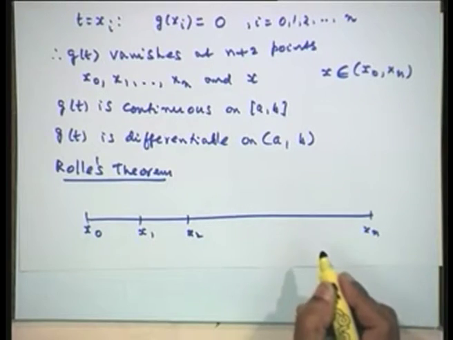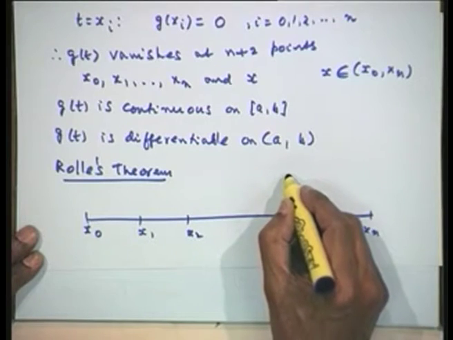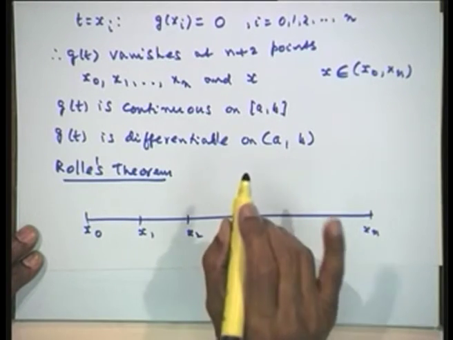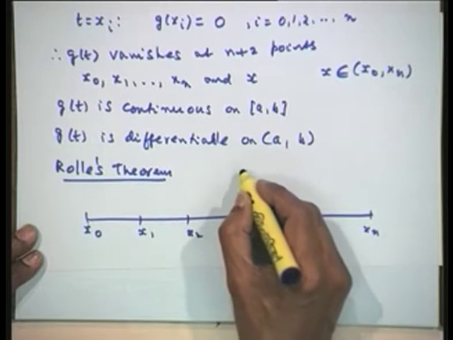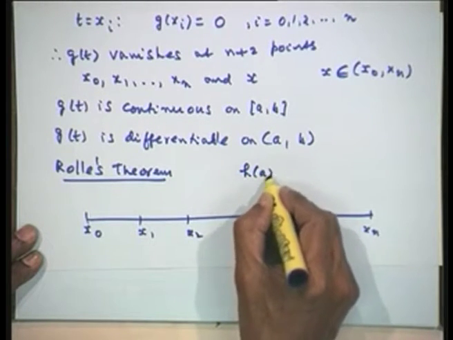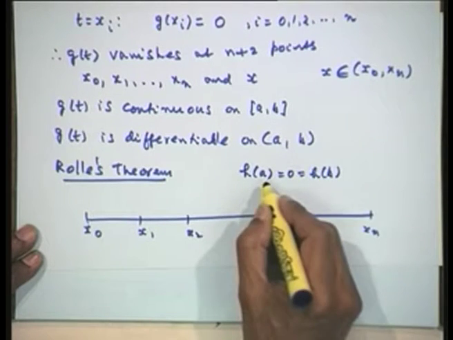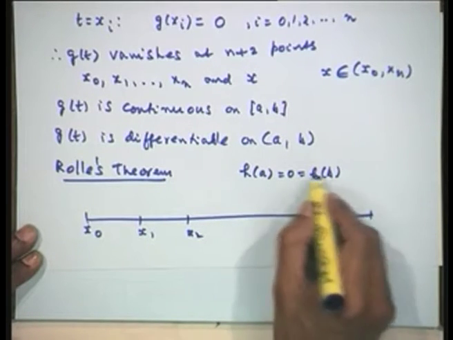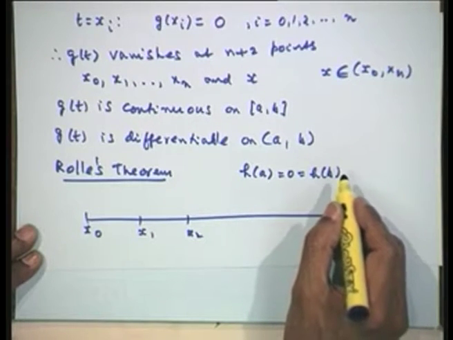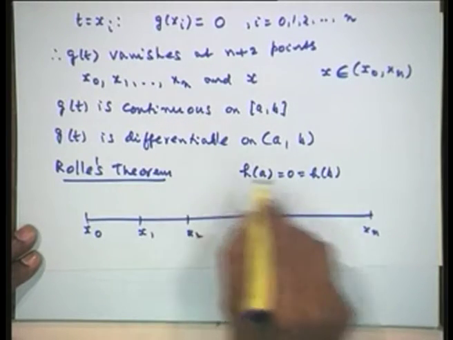Suppose you have a function h(x), with h(a) equal to h(b), and h is continuous on [a, b] and differentiable on (a, b).